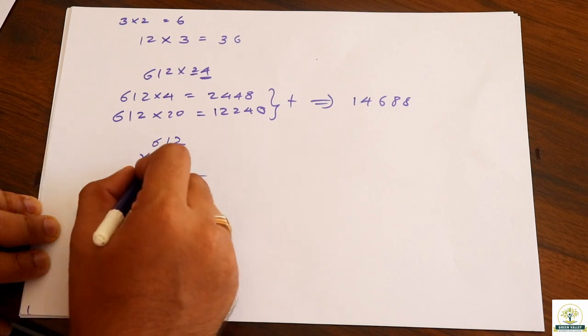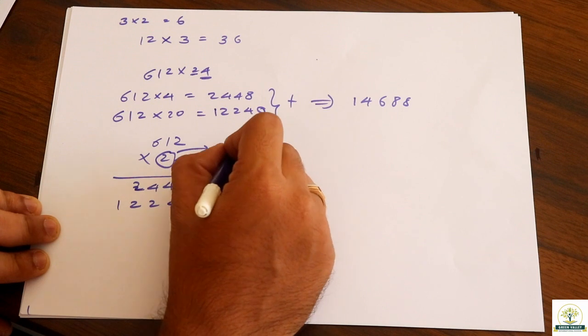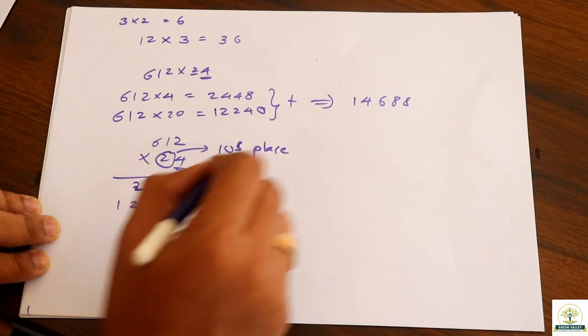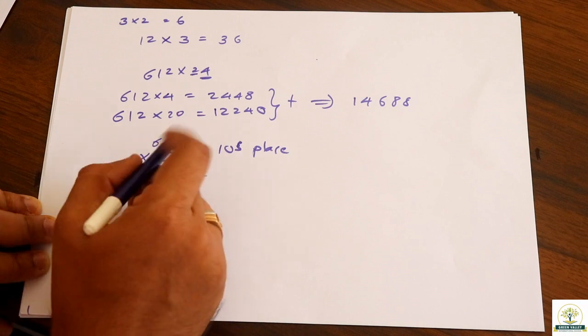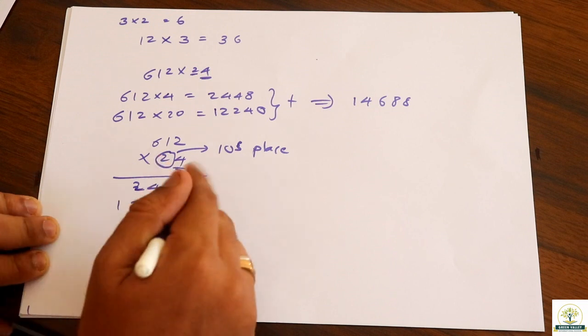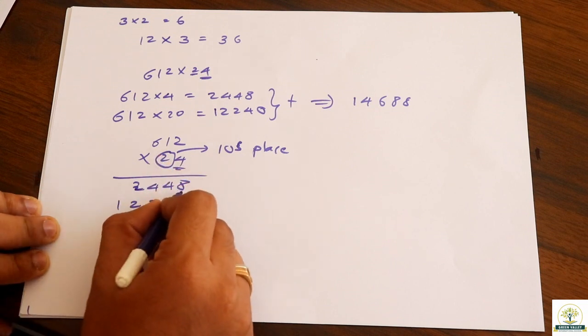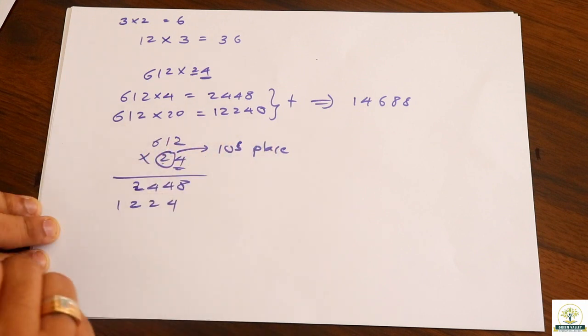But keep in mind, because 2 is at tens place, I have to move this result one column to the left. That means I have to leave the space below 8, because this is at tens place.